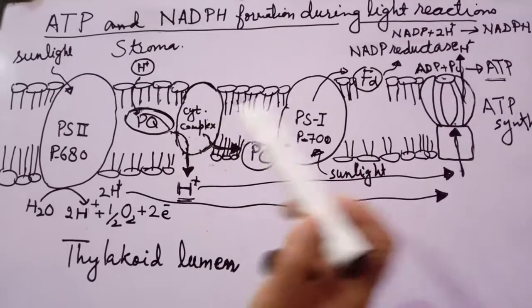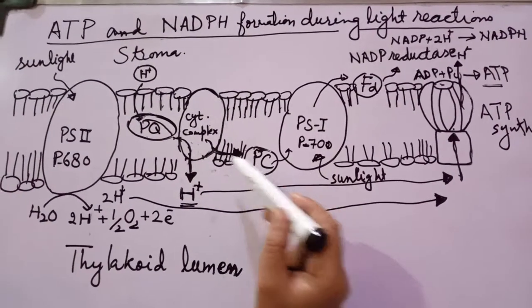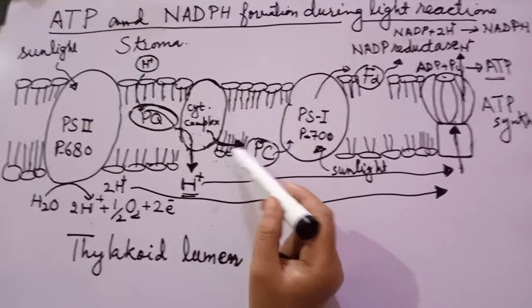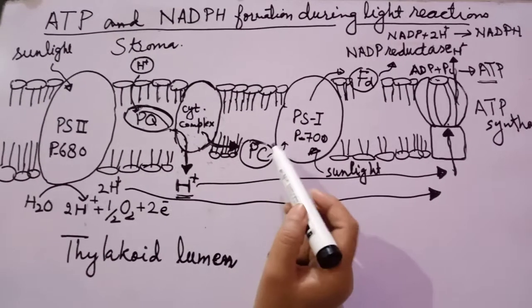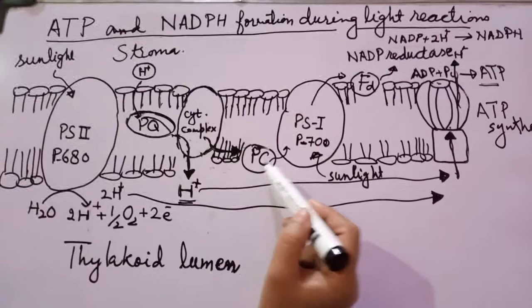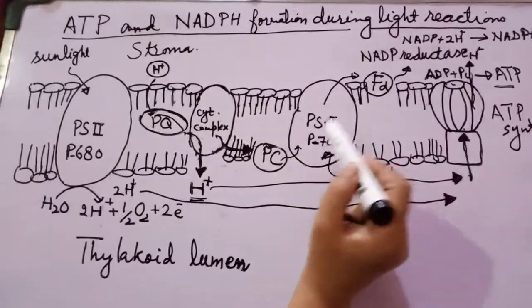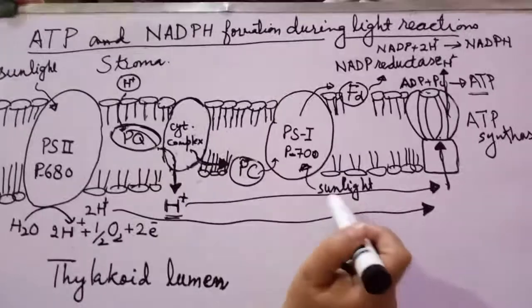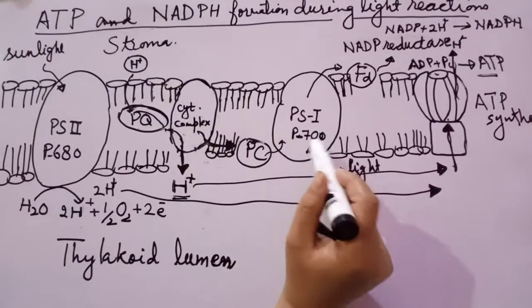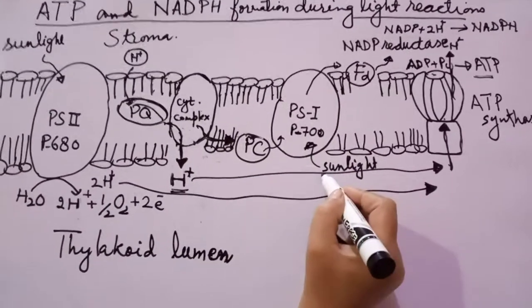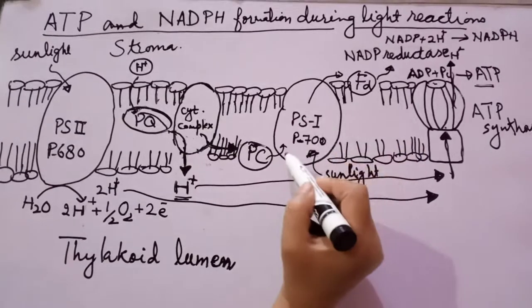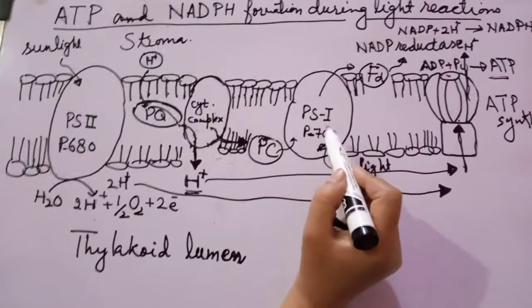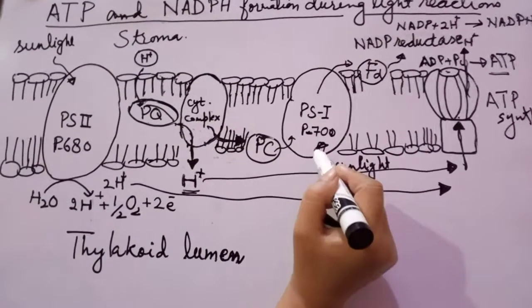phosphate and ADP. Then electrons, after releasing energy, move to plastocyanin, and from there they are provided to photosystem 1, which has already excited its two electrons with the help of sunlight. So these two electrons fill the hole created by the fall of light.